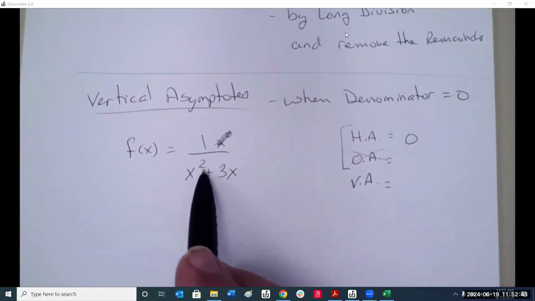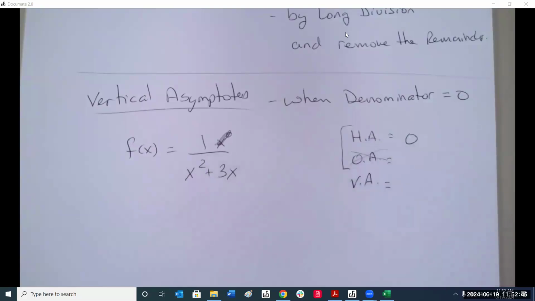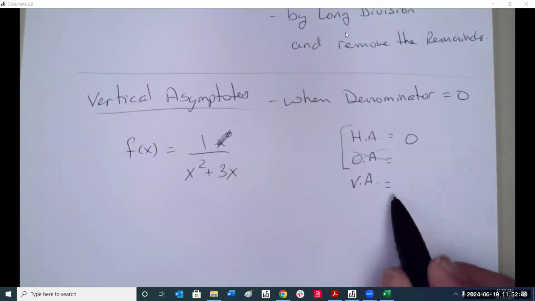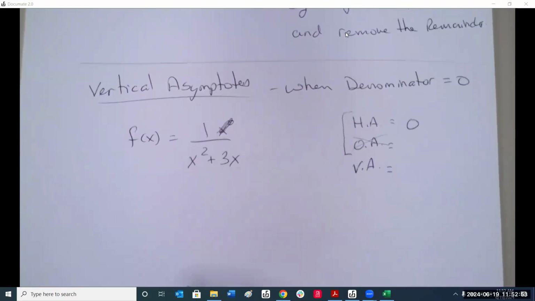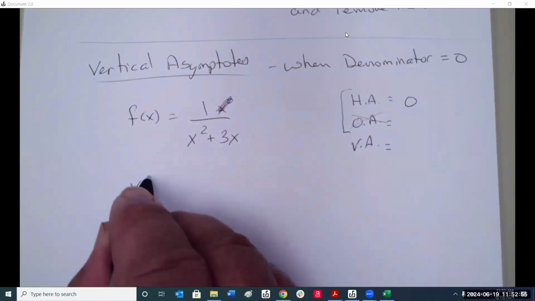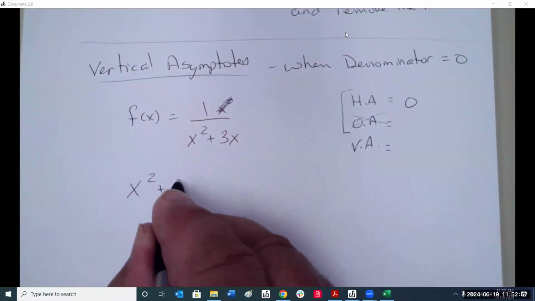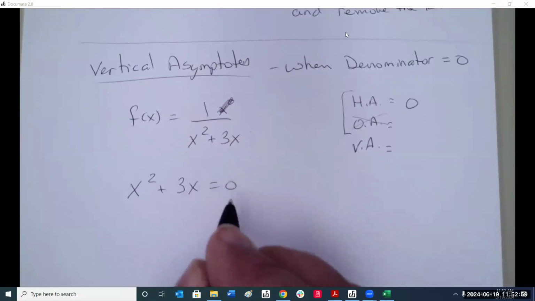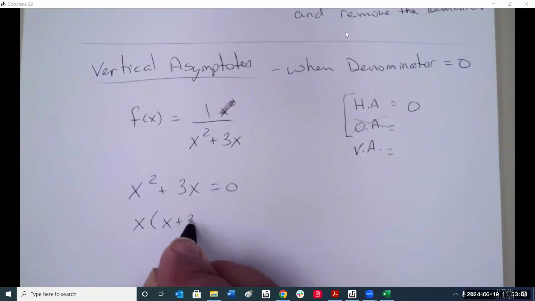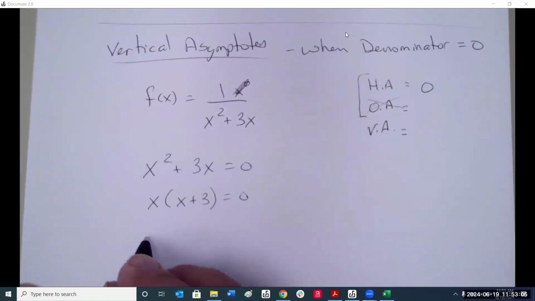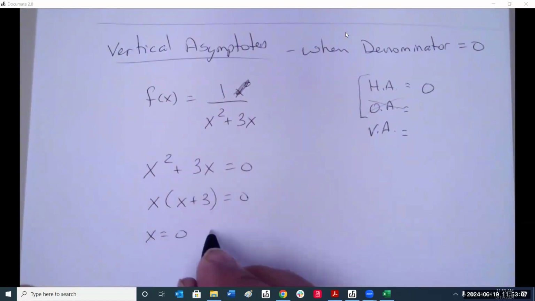If there's more x's on the bottom than the top, then it's the x-axis. Vertical asymptote, where the bottom equals 0. So x squared plus 3x equals 0. Factor out an x. Set them both equal to 0.